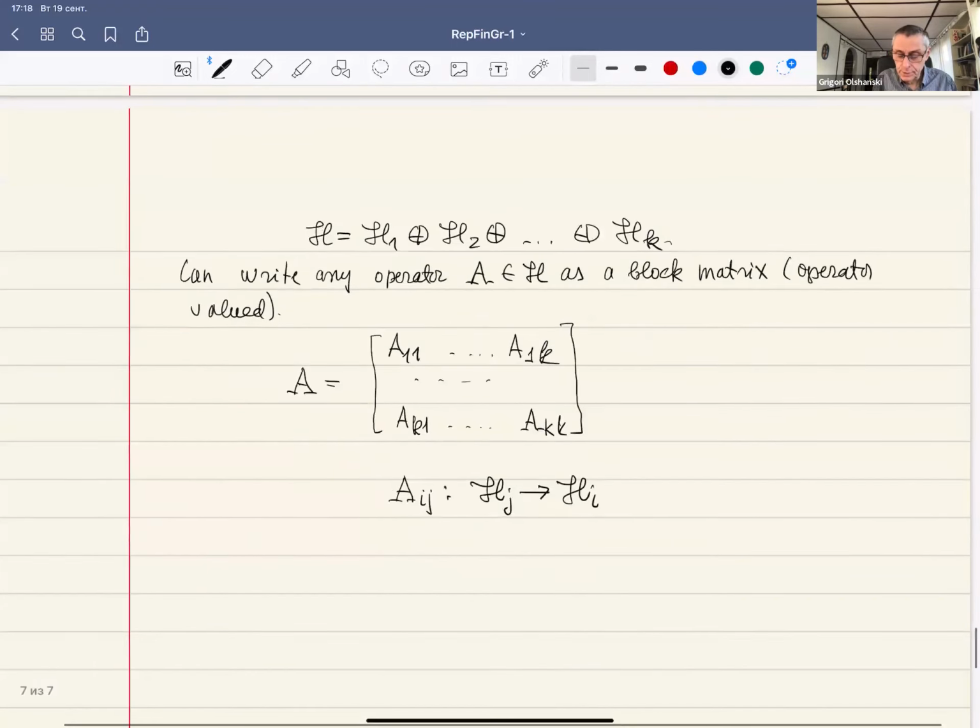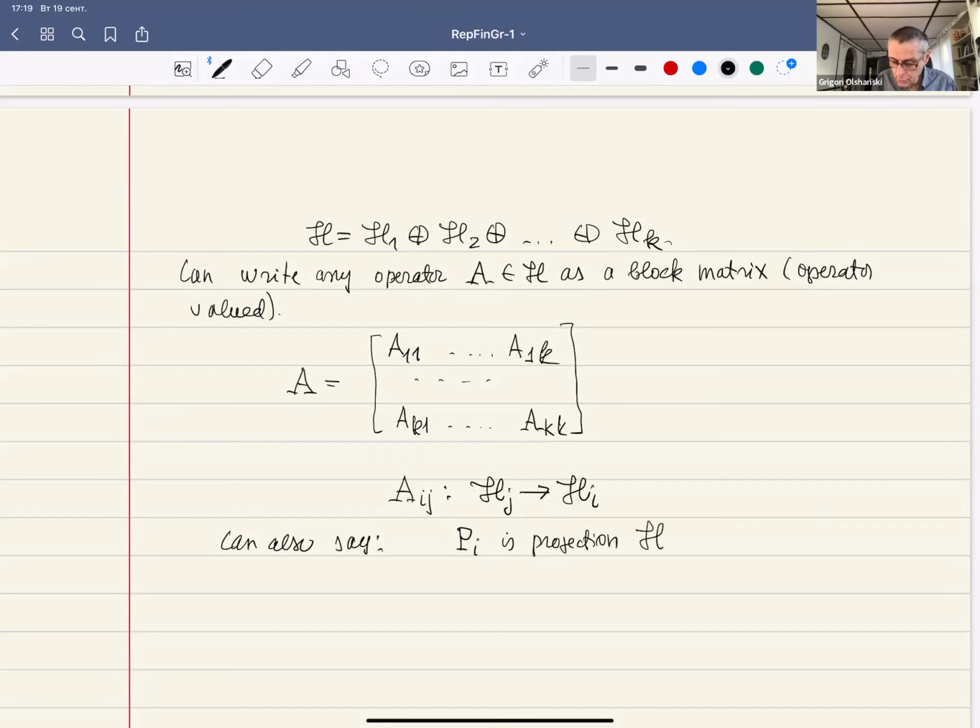One can say also the following, that Pi, assume that it's the projection from H to the component number I.